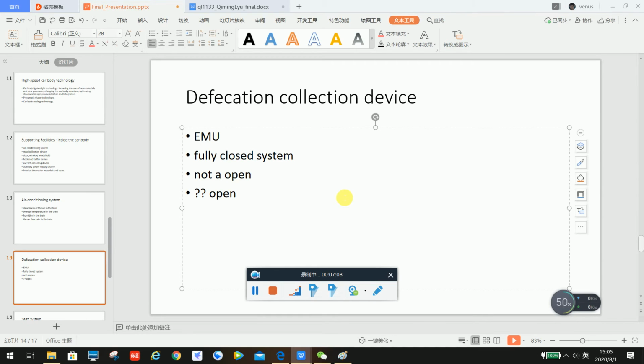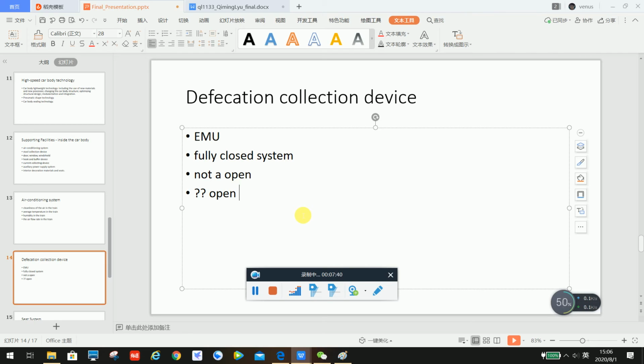Obviously, we can't connect it to the outside because the speed is too fast. So we can't just flush it and throw it out. We need to store it. The water in the water tank enters the toilet bowl for flushing, and then it's discharged into the dirt tank.